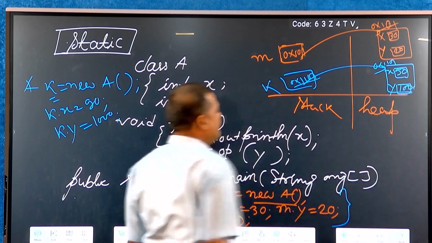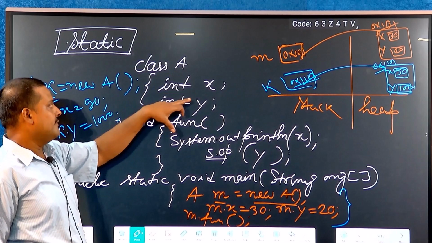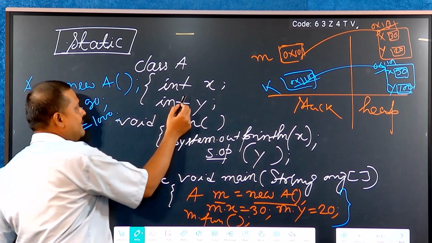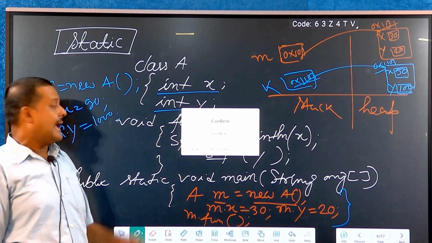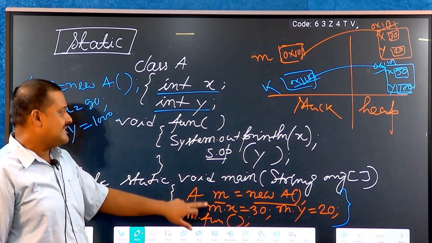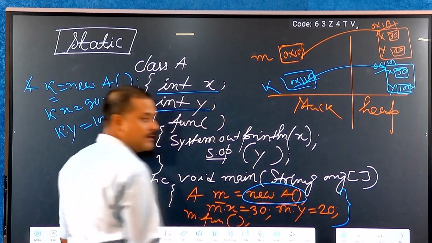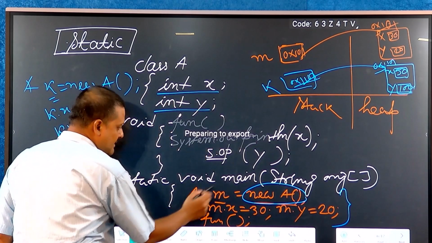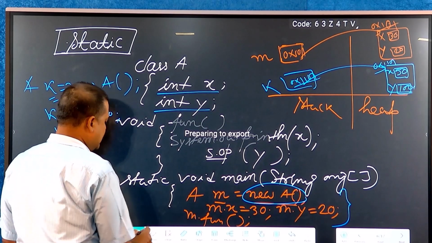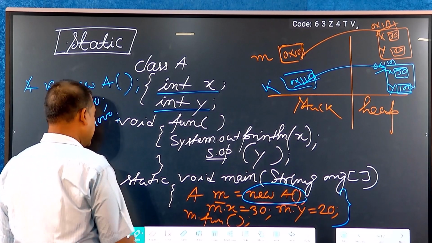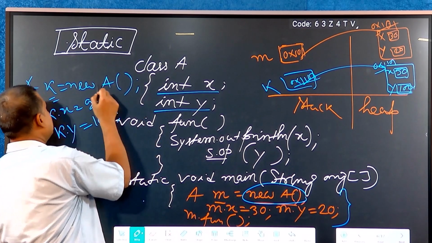So just have a look. There is a class, and in this class we have the variables x and y. These are called instance variables, and to access them we need to create the object of this class. m is the object reference variable, and by the help of it we are creating the object.